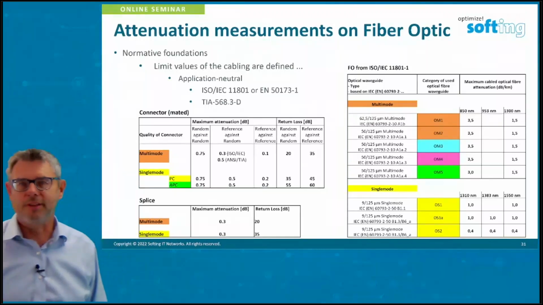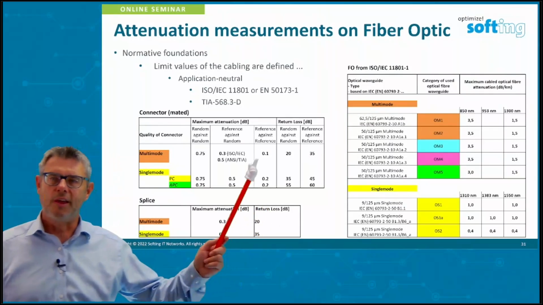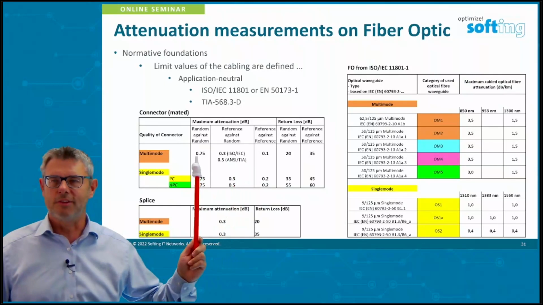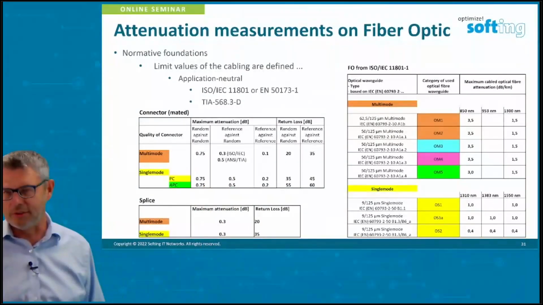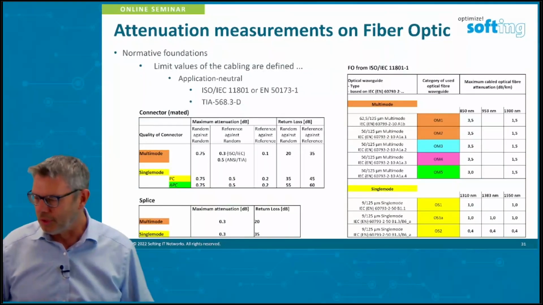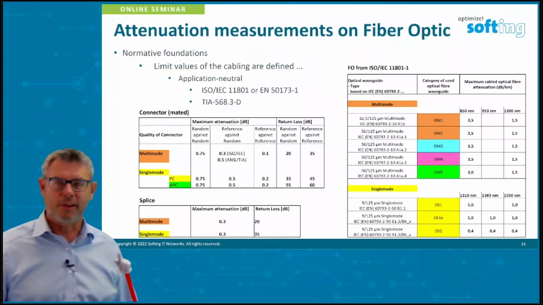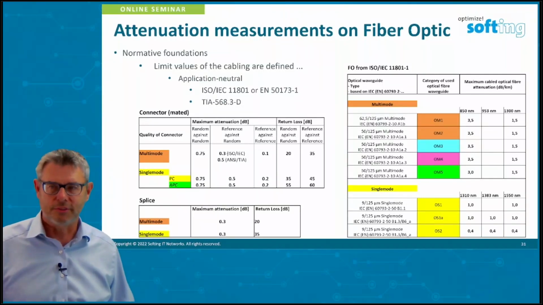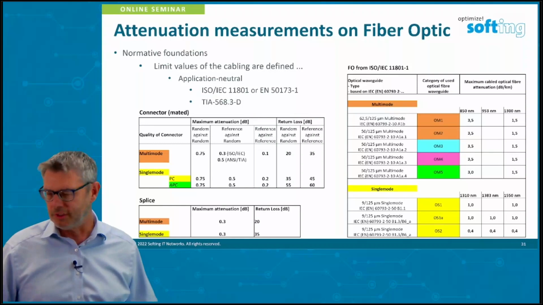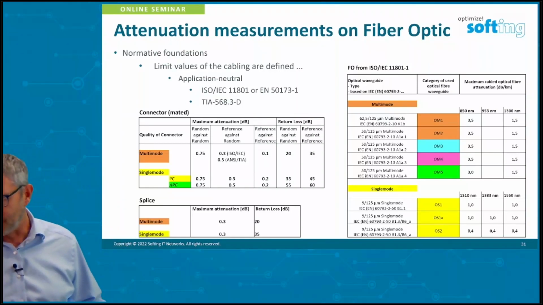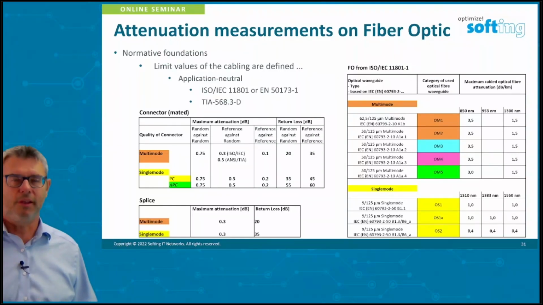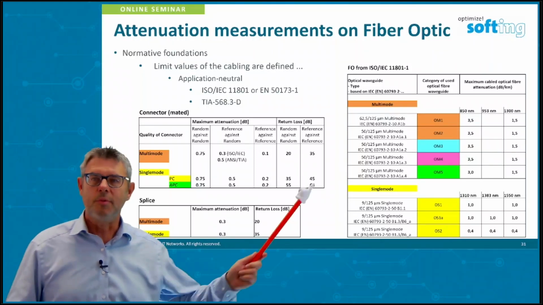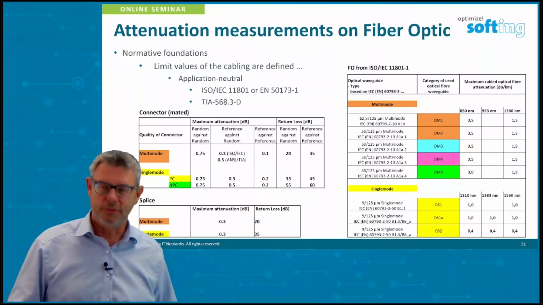Also for connectors, it depends on what connectors you are going to connect. If you connect just standard connectors, standard against standard, we are at 0.75, which is the allowed loss of signal in the standard connection. If we have reference connectors, they have to be much better. We're talking about 0.1 of a dB.